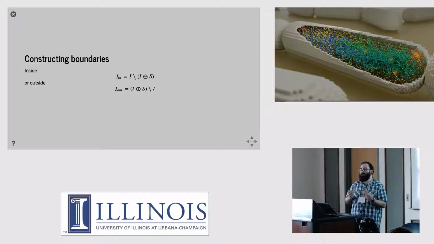We choose the structuring element depending on how thick we want it or what kind of topological connectivity. And I'll show you what we typically use in the next slide. So for outside, we'll take the dilation and then subtract the original object.